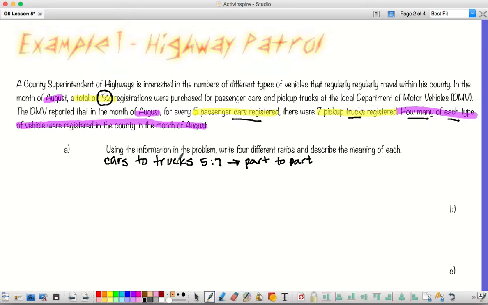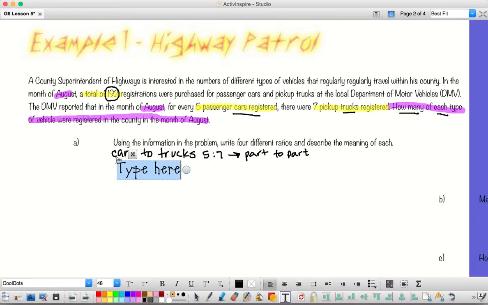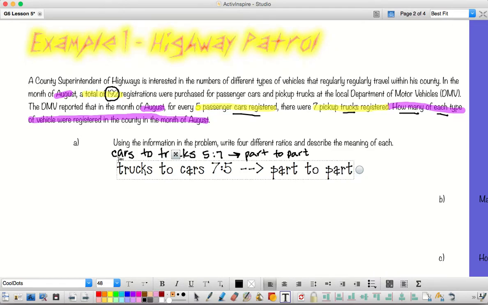All right, so you could have come back and said that the ratio of trucks to cars is 7 to 5. So we could say trucks to cars is 7 to 5. Again, this would be a part to part.